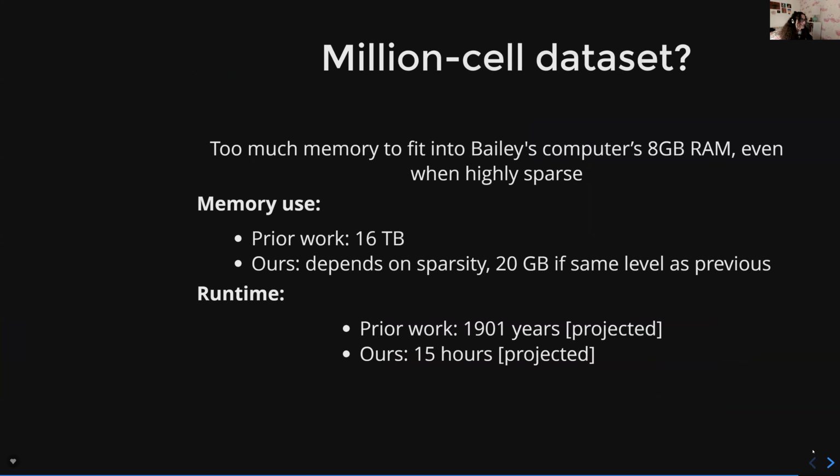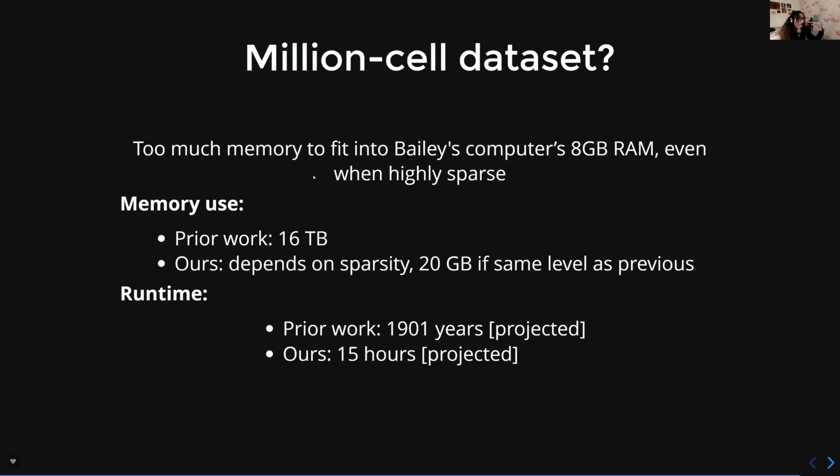And indeed, there's another problem there. We only used Bailey's computer to run the experiment, which has a physical RAM of 8 gigabytes, so we can't do better than that. So those are projected numbers, okay?